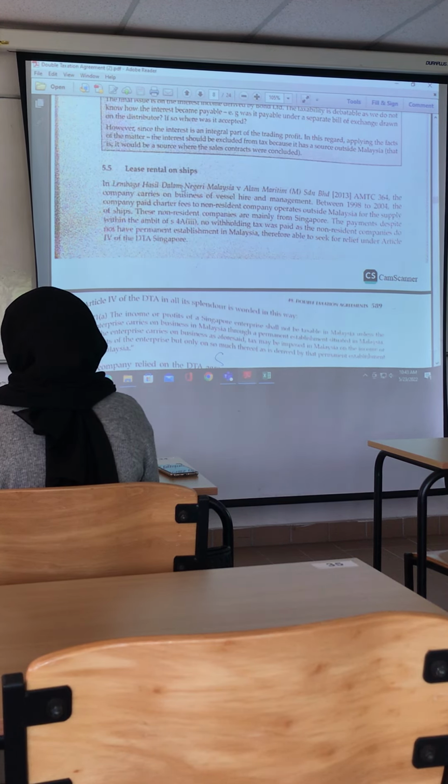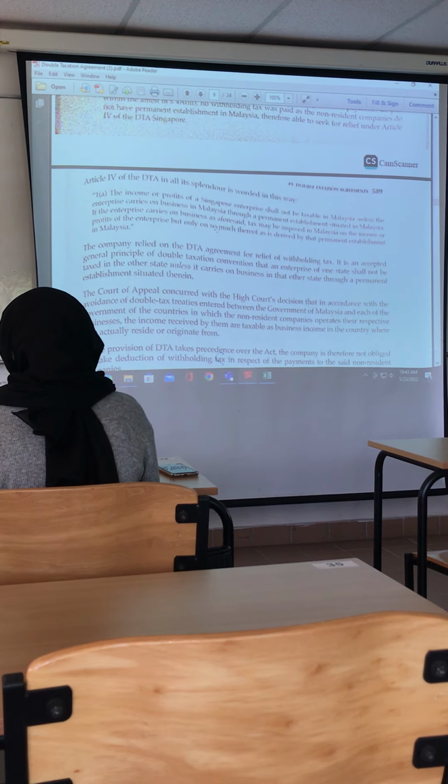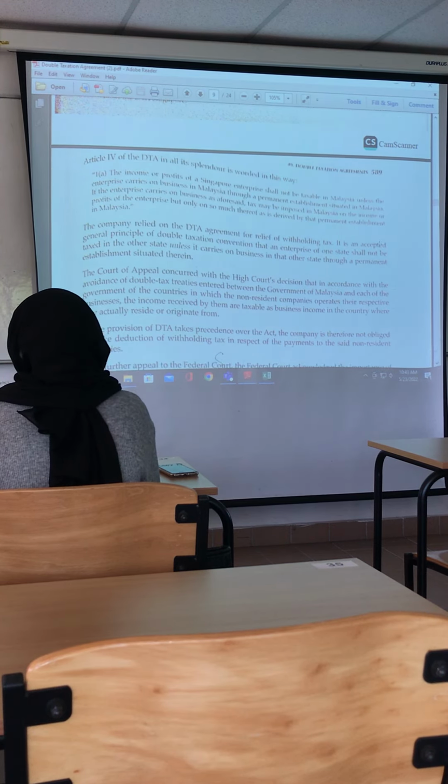So let's look at the answer here. The income or profit of a Singapore enterprise shall not be taxable in Malaysia unless the enterprise carries on business in Malaysia. So that is the permanent establishment. Through a PE situated in Malaysia, if the enterprise carries on business as aforesaid, tax may be imposed in Malaysia on the income or profit of the enterprise, but only on so much thereof as is derived by that PE in Malaysia.